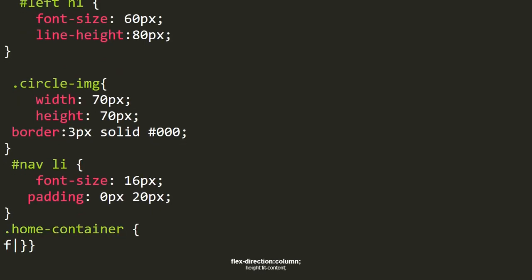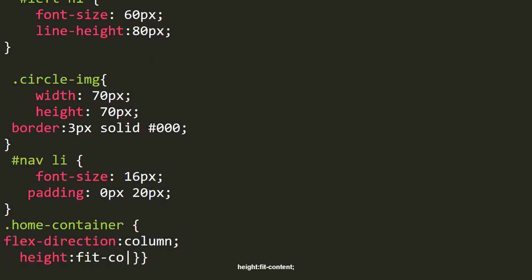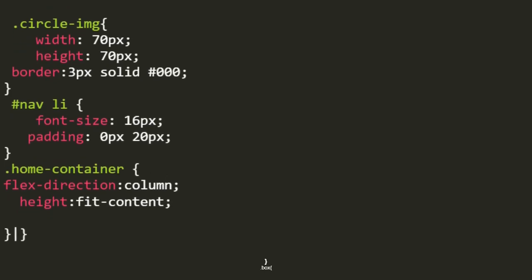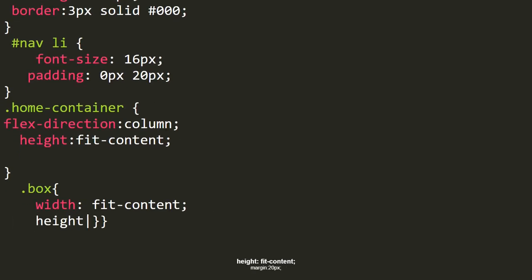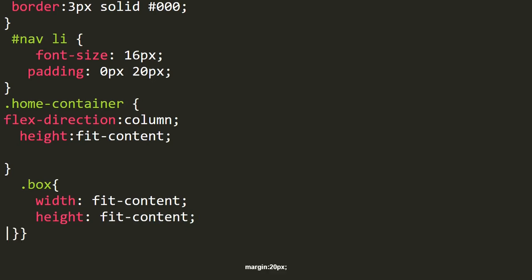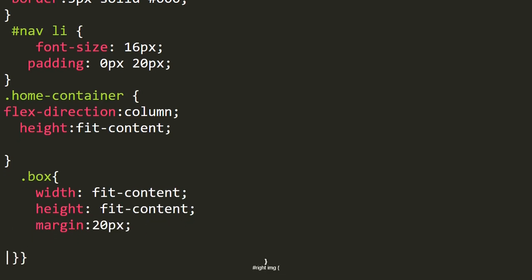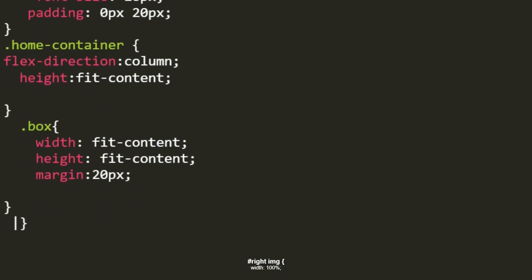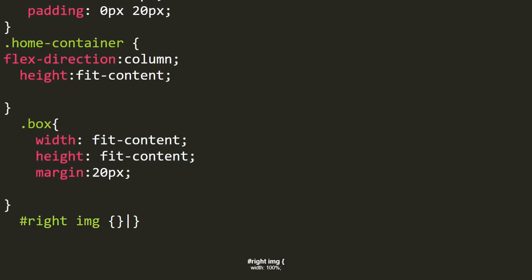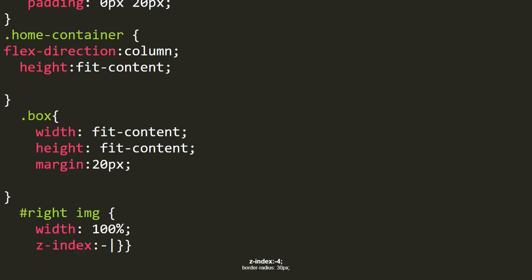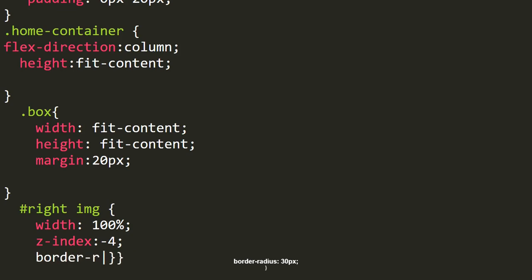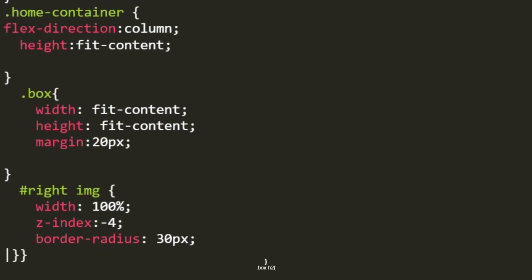Dot home container, flex direction column, height fit content. Dot box, width fit content, height fit content, margin 20px. Right img, width 100%, z-index 4, border radius 30px.